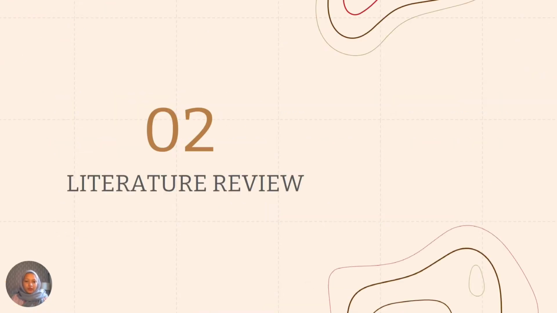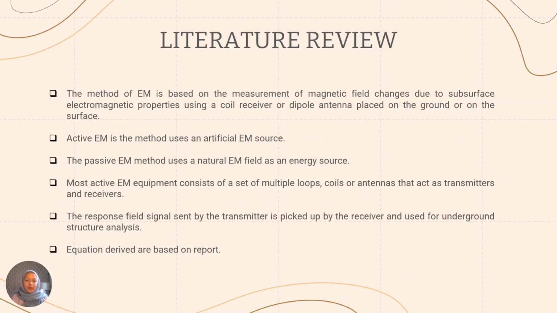Moving on to the literature review. The EM method is based on the measurement of magnetic field changes due to subsurface electromagnetic properties, using a coil receiver or dipole antenna placed on the ground or on the surface. Active EM is the method that uses an artificial EM source. The passive EM method uses a natural EM field as an energy source.